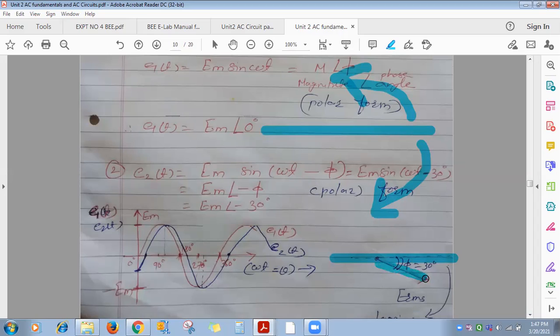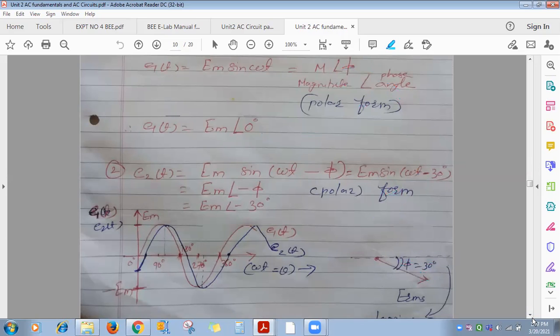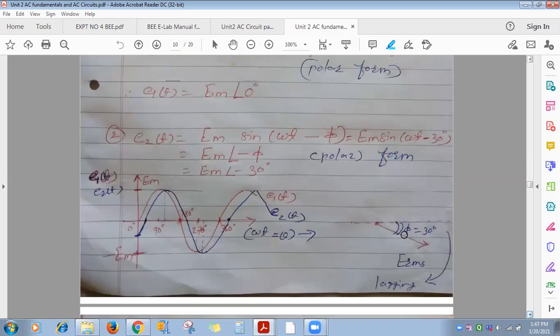So 2 centimeter at an angle of 30 degree with reference to the x-axis in the clockwise direction, because it is minus 30 degree. So the phasor diagram representation is clear. In the clockwise direction 30 degree and magnitude 2 centimeter. So you have to put an arrow at the end. And a lagging parameter in a phasor diagram we represent in the clockwise direction.